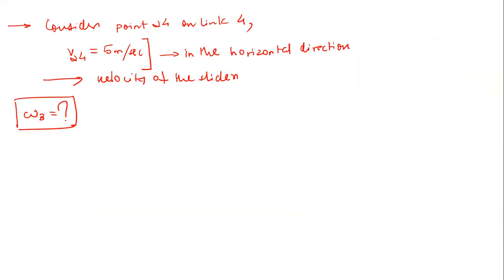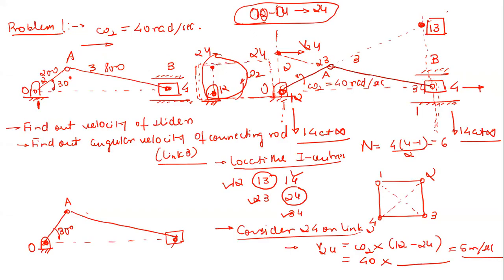So now we can directly say that if we consider point 2, 4 on link 4, the velocity of the slider will be simply 5 meters per second, right? Because the velocity of this point 2, 4 remains the same. It doesn't matter whether you take it on link 2 or link 4. So we simply imagine that this link 4 slider contains this point 2, 4 as well, and then we can declare that the velocity of the slider will be equal to the velocity of this point 2, 4.